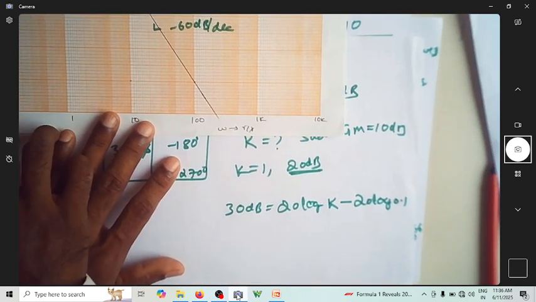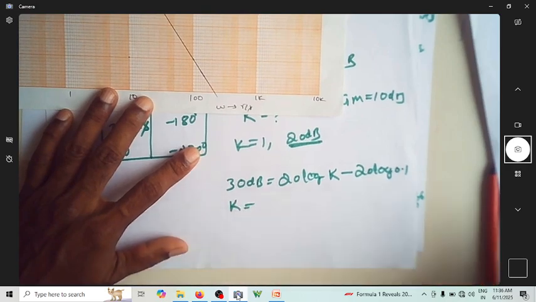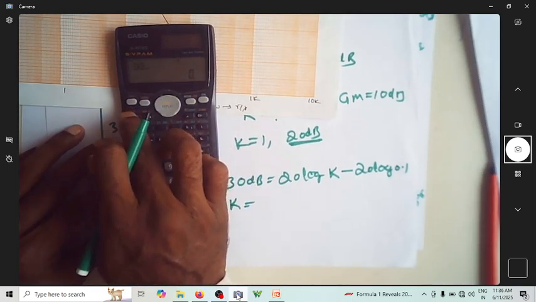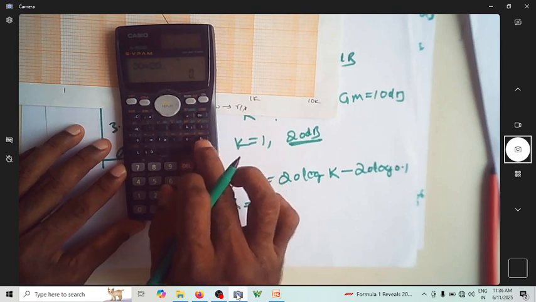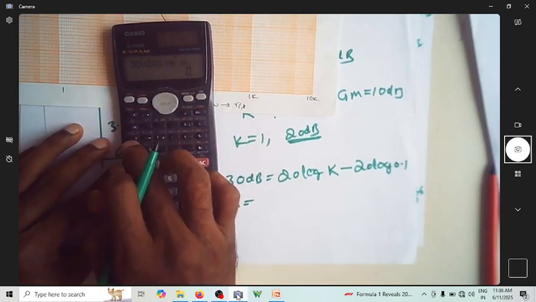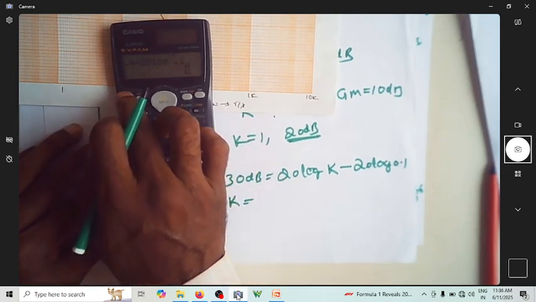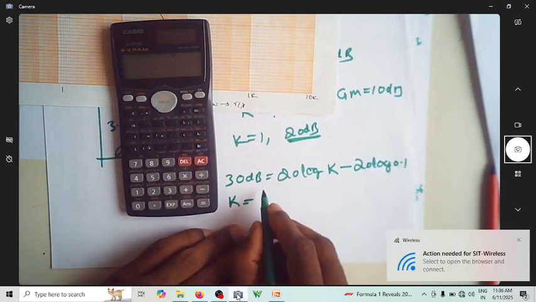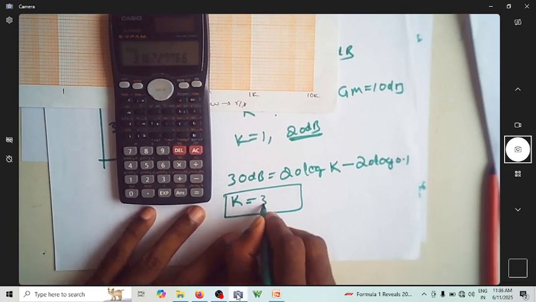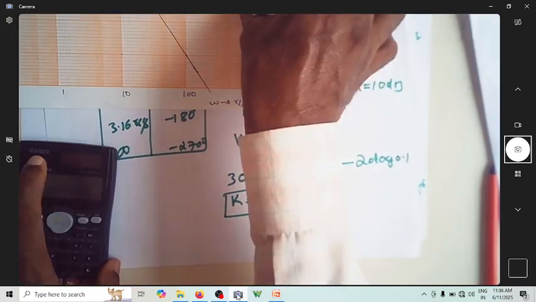If you solve for the value of K here, you get K as 3.16. 3.16 is the value of K so that you get a gain margin of 10 dB.